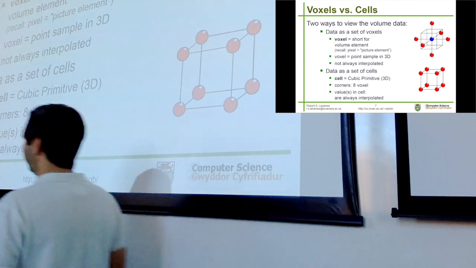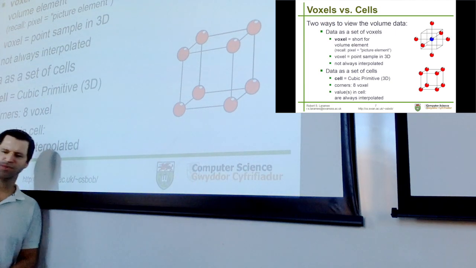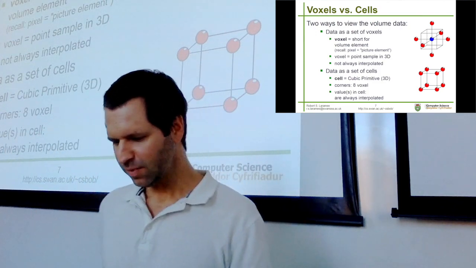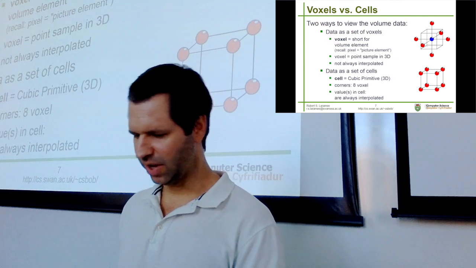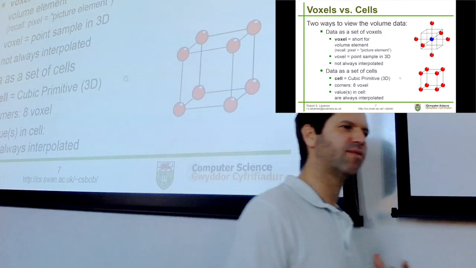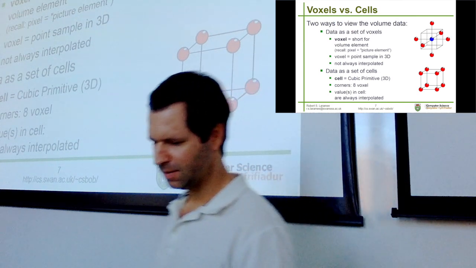These are 2 different ways to look at the same set of 3D Cartesian grid data. Actually, I'm going to start with the cell. This is how we would probably normally think of volume data, structuring it on some sort of a grid.